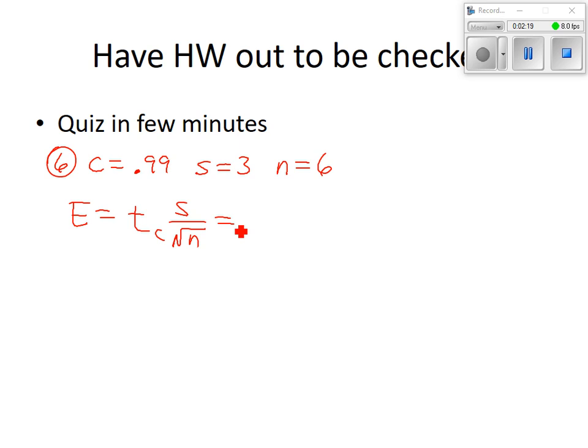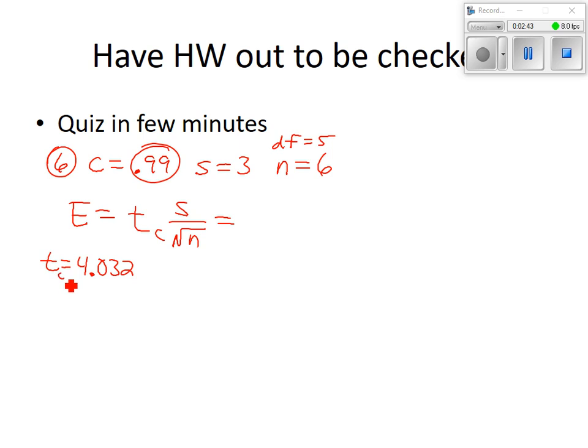The degrees of freedom is 5, at 99%. 4.032.